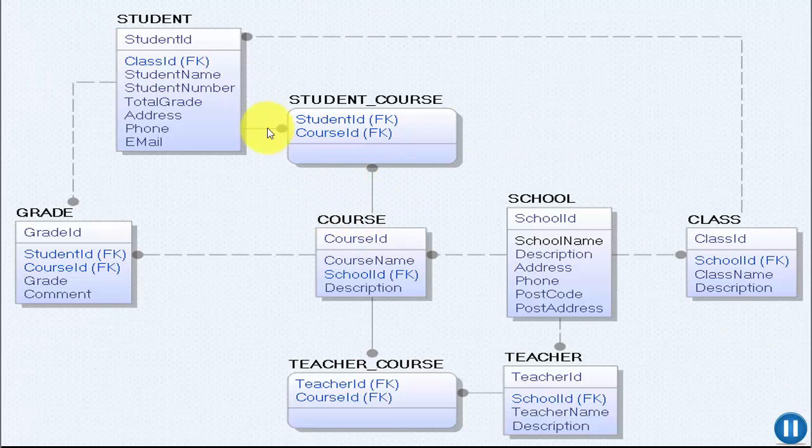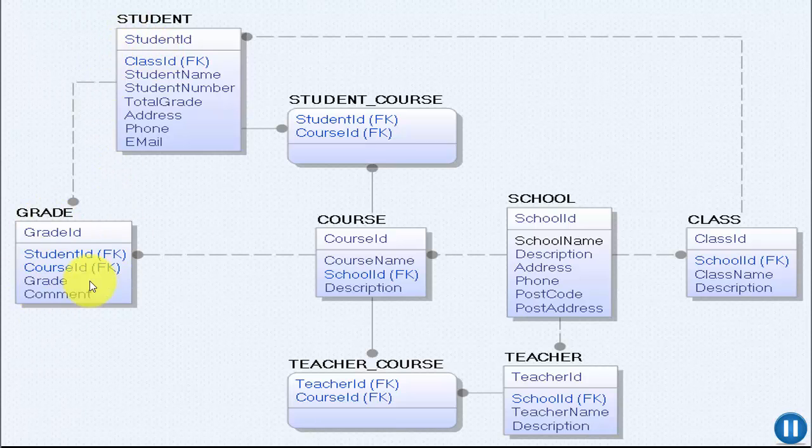Here you see another example where we have some more tables. In this diagram we have modeled a school system where we have the school table, and in this school we have different courses. And see here we have the foreign key to the school ID, which is the primary key, and the school consists of different classes, and each class has some students.